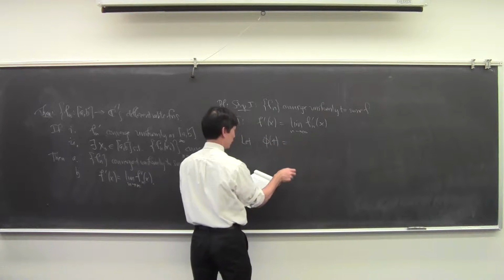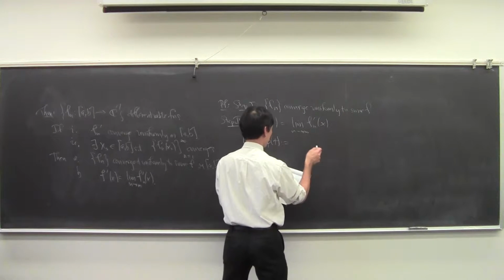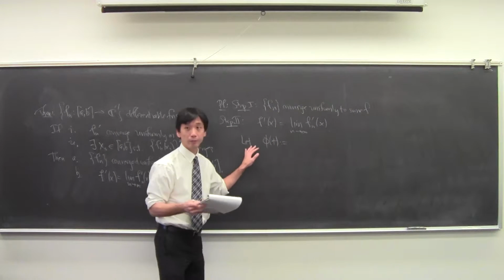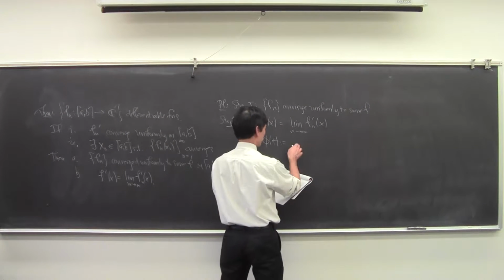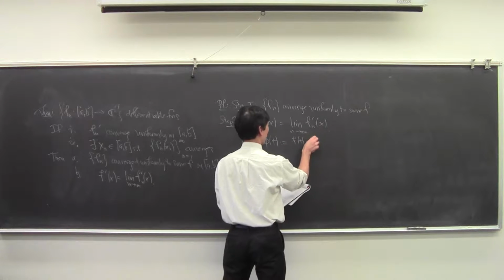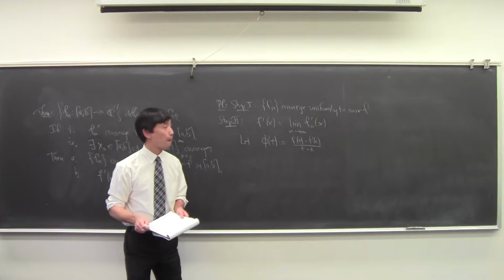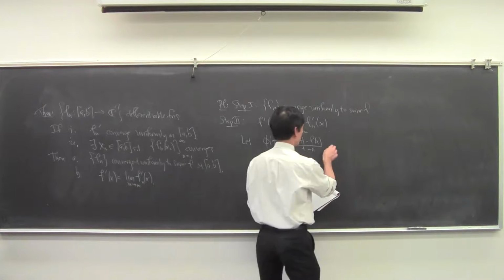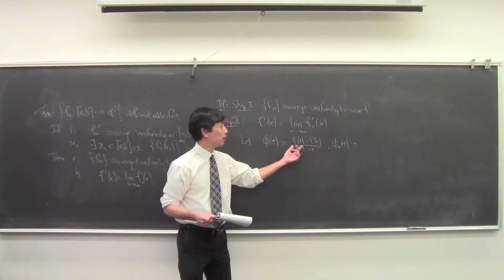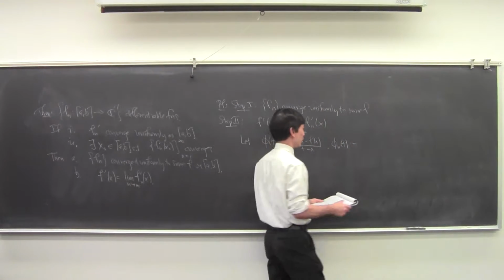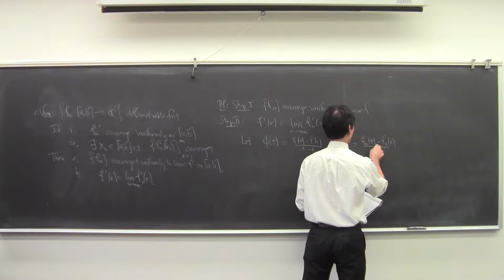Let phi of t be defined as, for each point x, phi of t equals f of t minus f of x over t minus x, and you make these other functions for each of the sequence, phi n of t equals fn t minus fn x over t minus x.